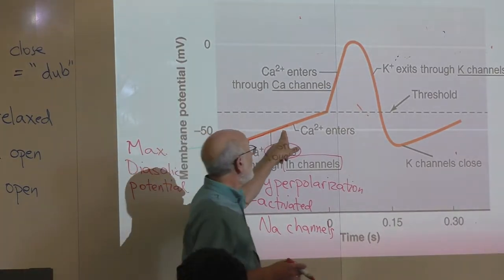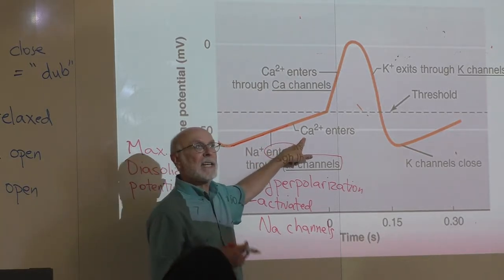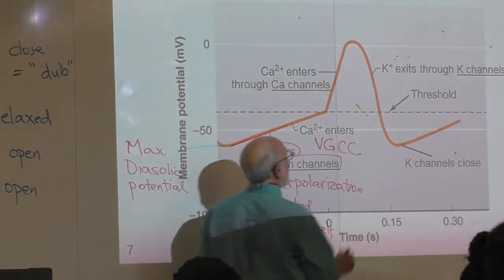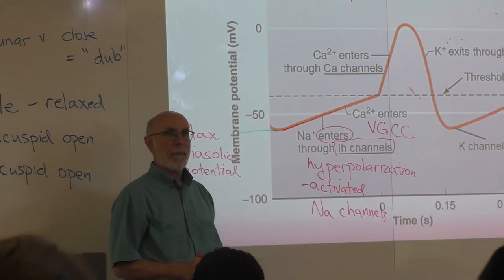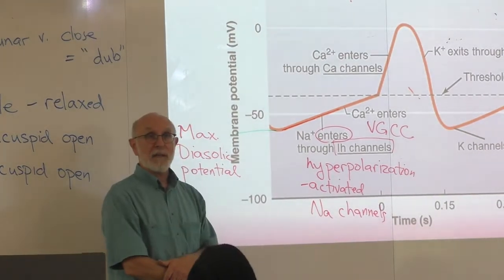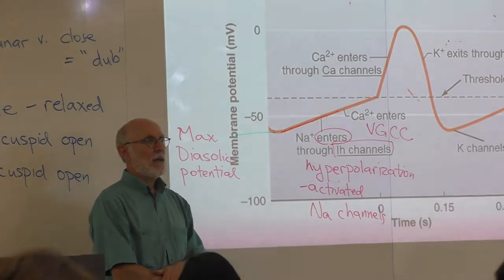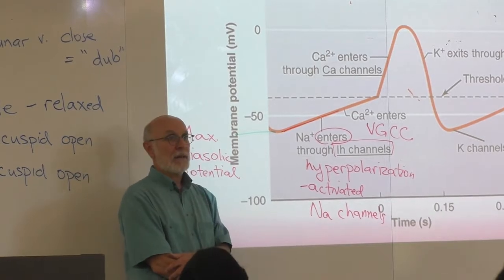That dribble of depolarization opens voltage-gated calcium channels. The L-type calcium channels. Your book also talks about a T-type calcium channel, which I'm not going to ask you to learn about, but it's just another type of calcium channel.